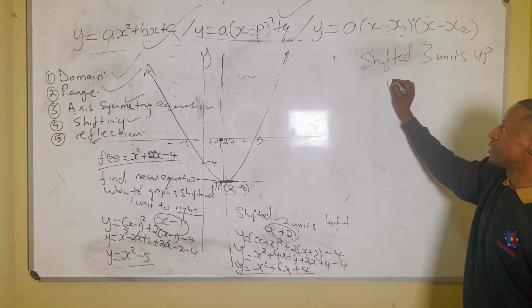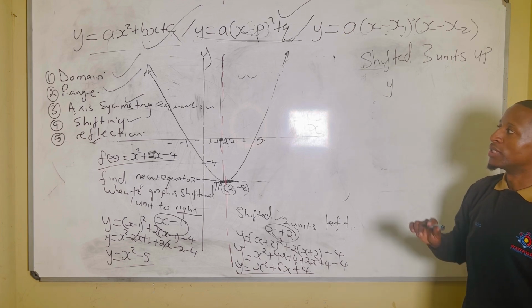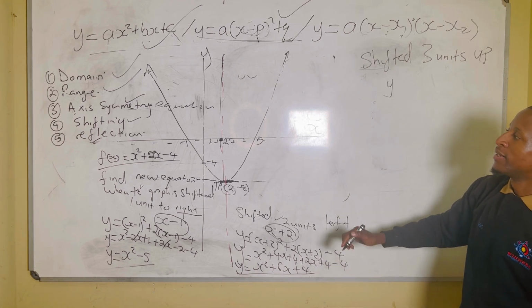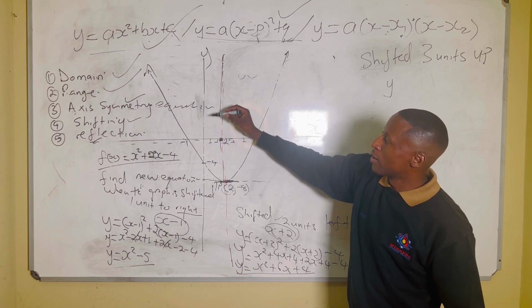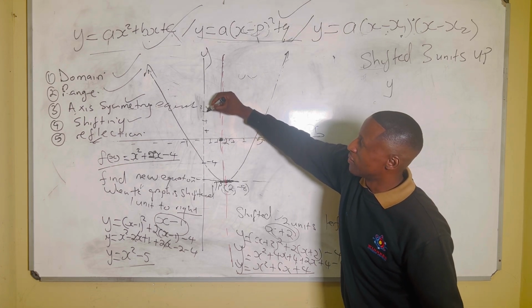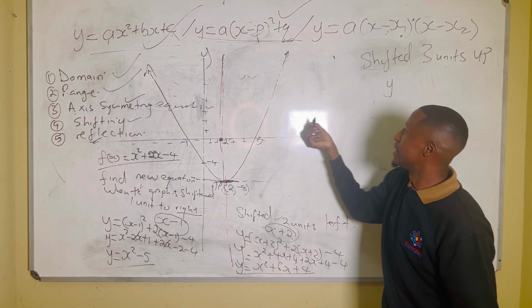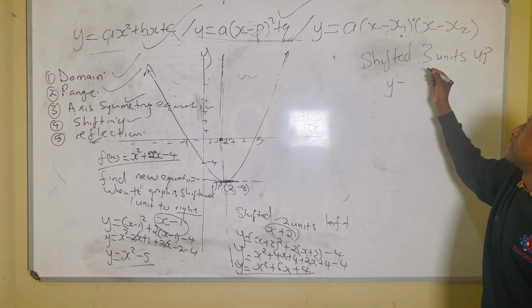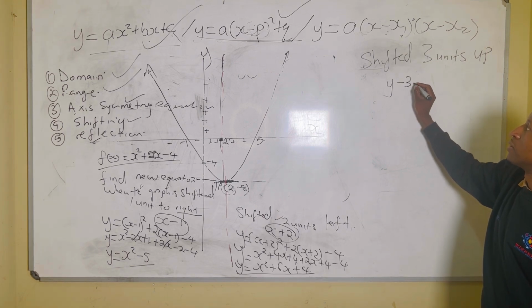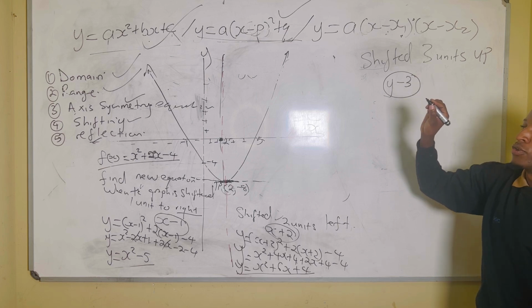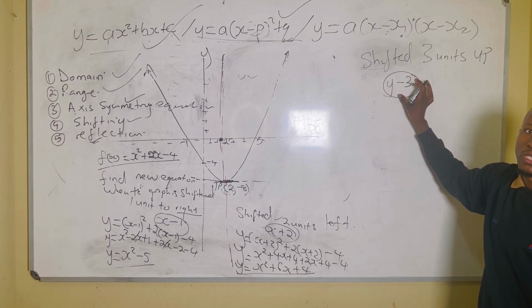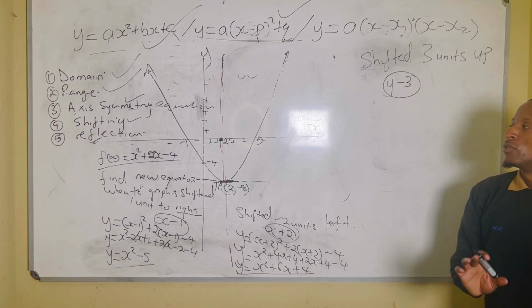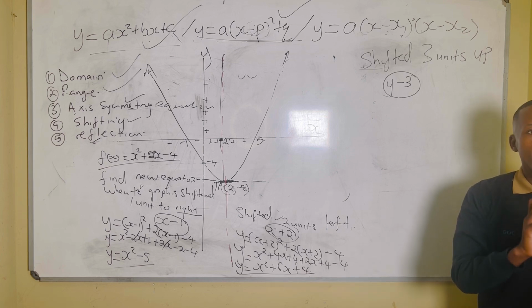So you write your y value, because y values are affected. Then, up you find positive, so you do the opposite. The opposite is going to be minus, then the shifted value is 3. So wherever there is y in your equation, you substitute this. You no longer substitute it where there is x.